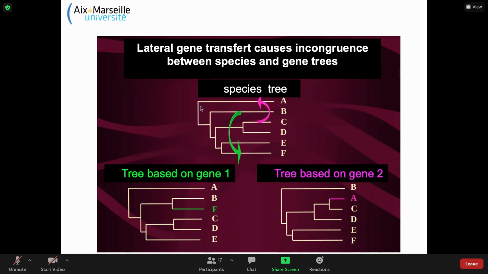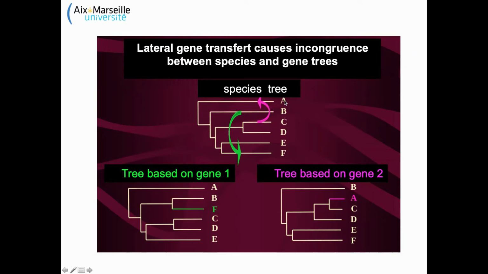This is a relation tree between all of these species, so it's the species tree. So you take one gene, for instance gene 1 here, and gene 2. You found homologs, and from the homologs, you built a gene tree, based on gene 1, or a gene tree based on gene 2.